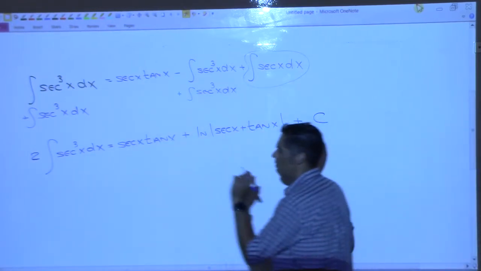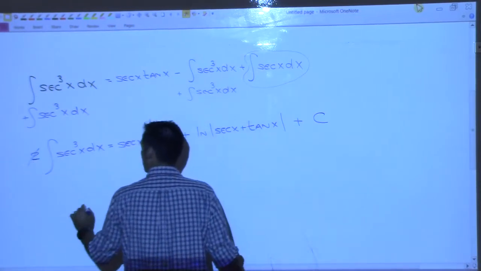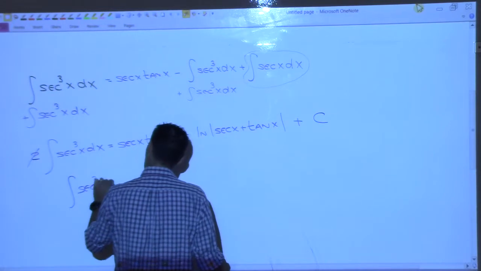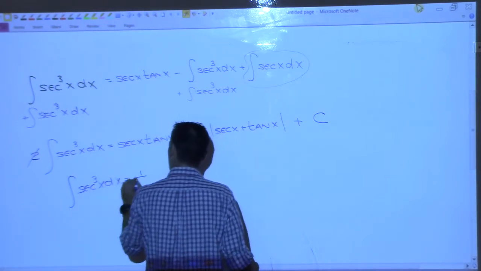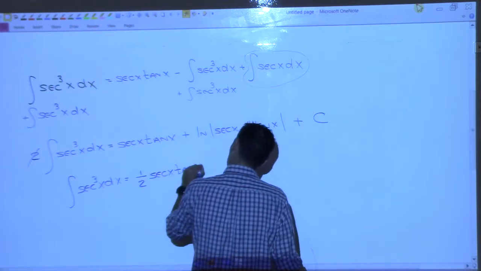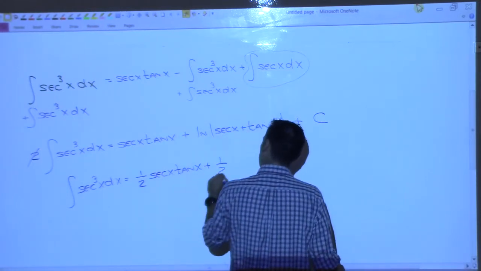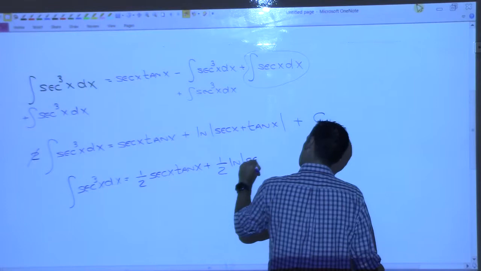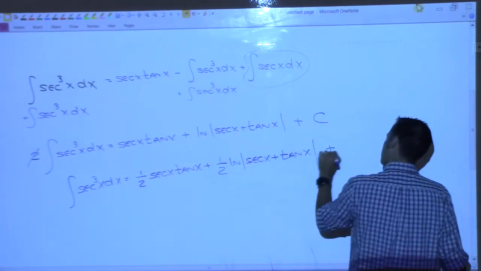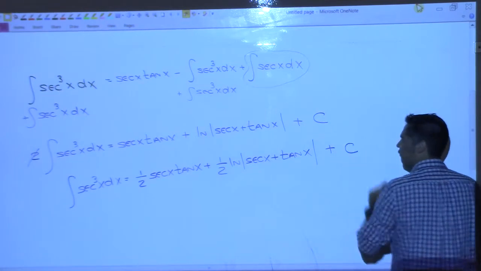So that means our final answer is going to be that the integral of secant cubed x dx is equal to 1/2 secant x tangent x plus 1/2 natural log secant x plus tangent x plus c.